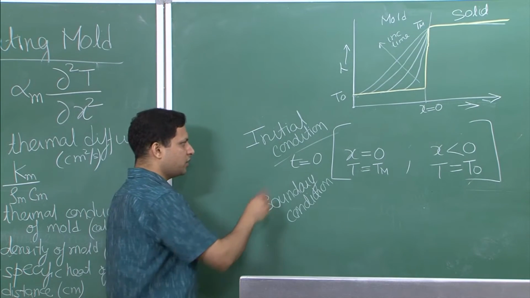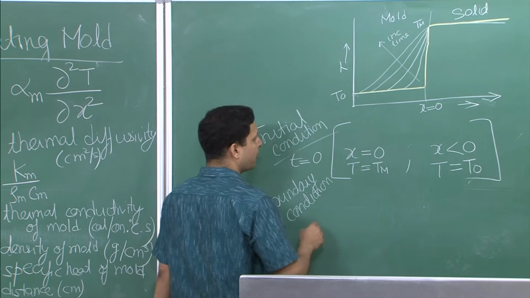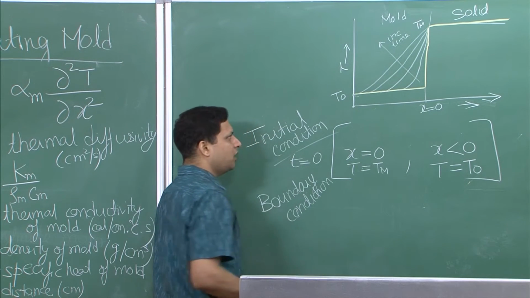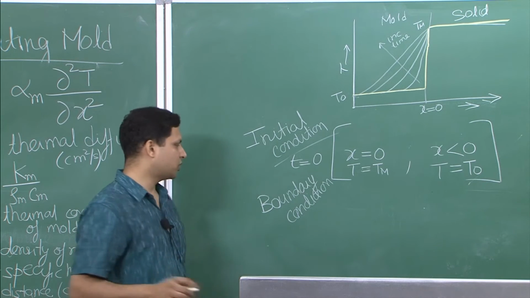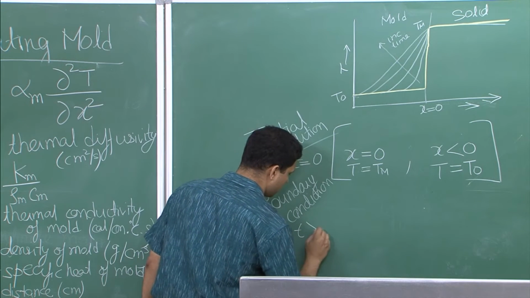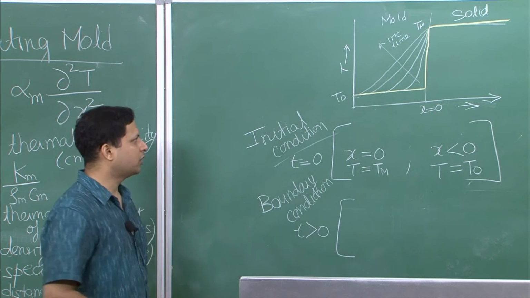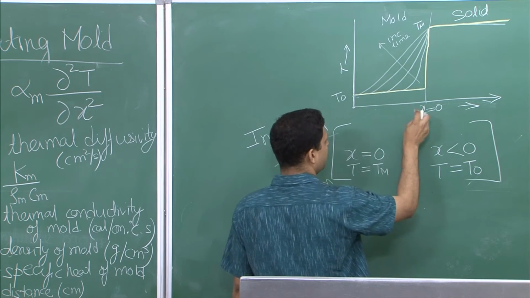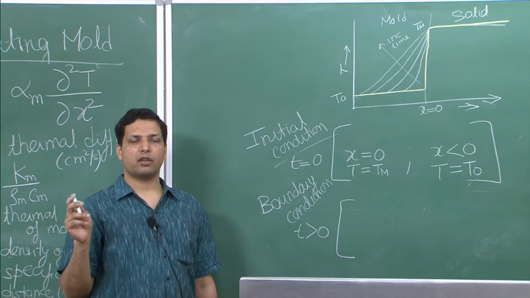So in that sense, initial condition and boundary condition are important to be known. Now boundary condition is something that will be true for all times. So for all t greater than 0, what are the things that we can say? One thing is that it is a semi-infinite, and at very large distance the temperature will always be T naught.